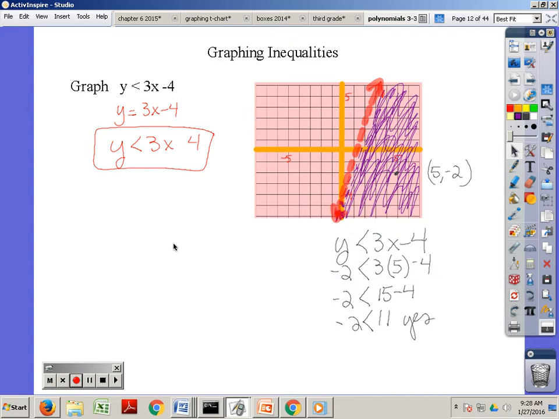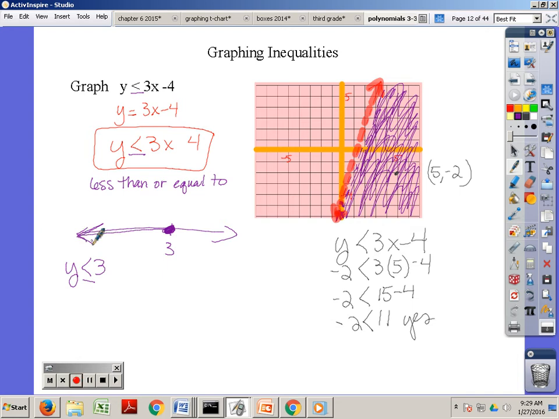If this was underlined, then we would make it a solid line, because then that means it's less than or equal to. So it's similar to when we had number line inequalities, and if I was going to graph y is less than or equal to 3, I would make 3 a solid circle and then graph less than.